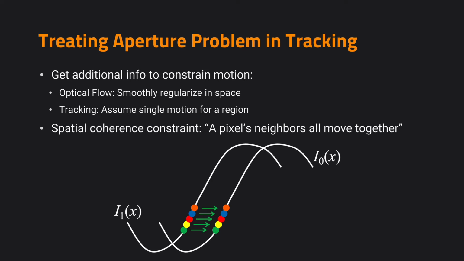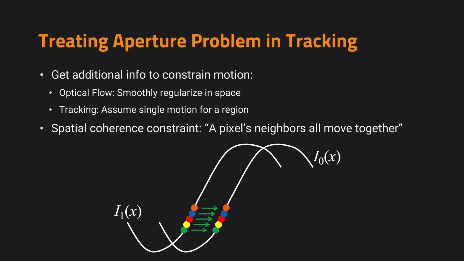For example, the small region can be a very small patch, like 5 by 5 in your high resolution image, and every pixel in this region will conform to the spatial coherence constraint that pixel neighbors will all move together.